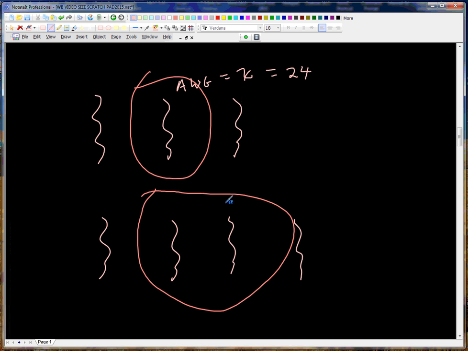Now what do we do here? Each of these is now AWG with a value of X plus 3. So the wire size we would use here would be AWG number 27.